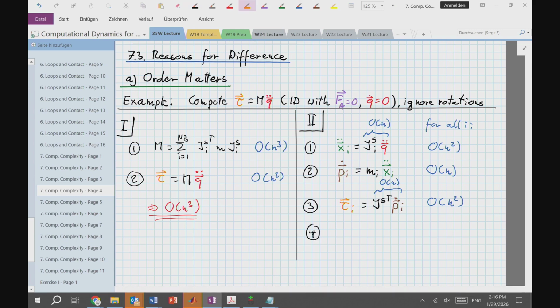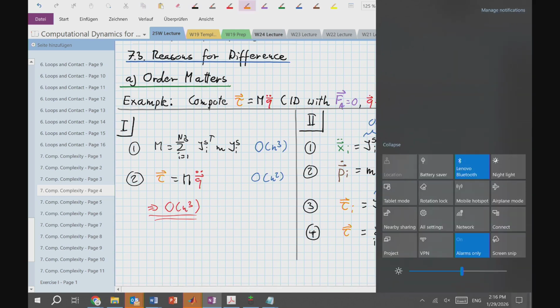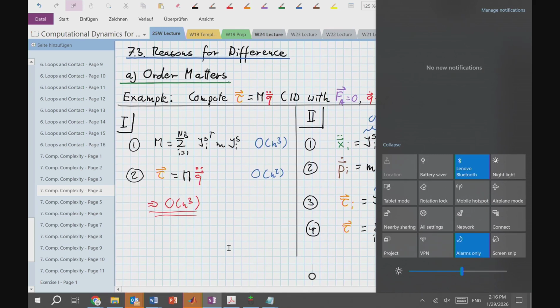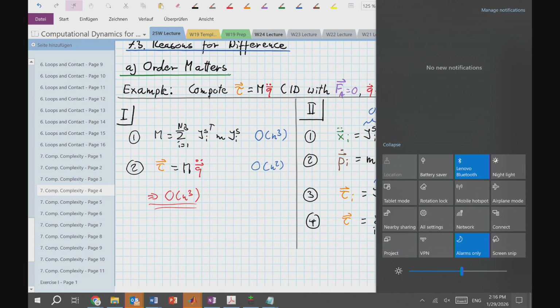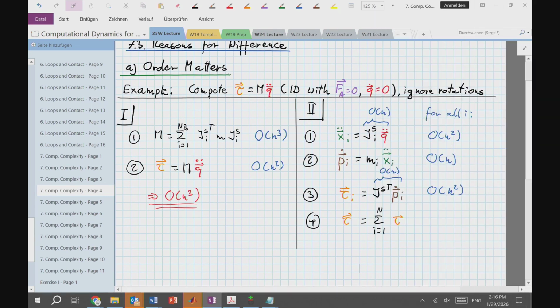And then ultimately, there's one last step where I have to sum up over all these individual torques. There's one torque created for each acceleration of each body, and to get the overall generalized torque, we have to sum all these tau i's up.